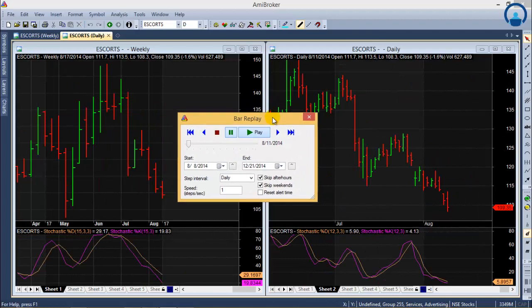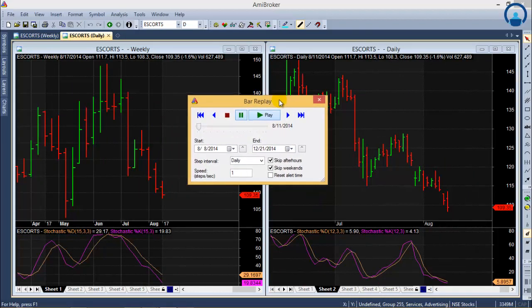Our next chart is a chart of Escorts. Left hand side weekly, right hand side daily. Let's take a look at our weekly chart. You can see weekly stochastic momentum has reached the oversold zone, suggesting that the downtrend in prices might be over or prices might consolidate sideways. Let's add some bars, but before doing that we will make a trading strategy for this situation.